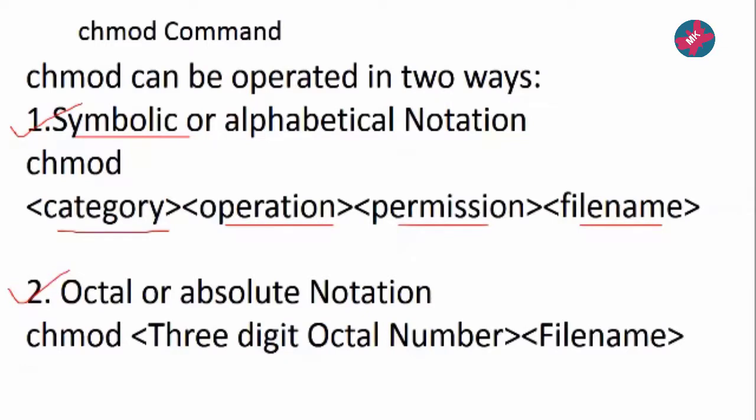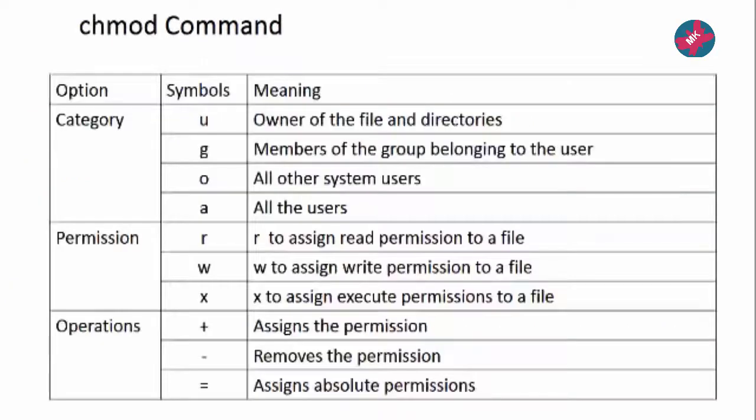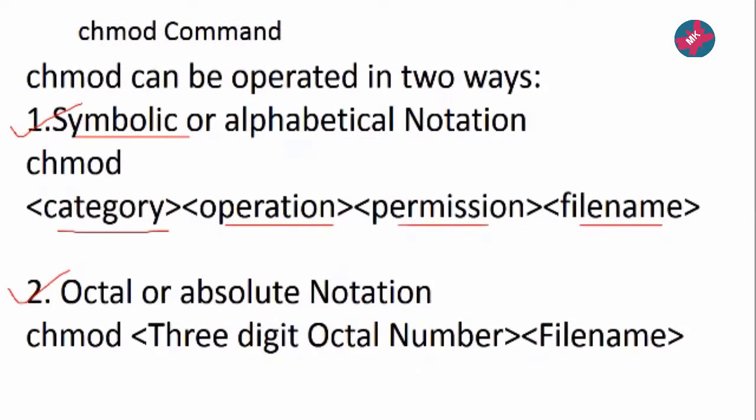Regarding the symbolic notation, we have to consider this table. In this syntax, the first is the category, then the second is the operation and the third is the permission.